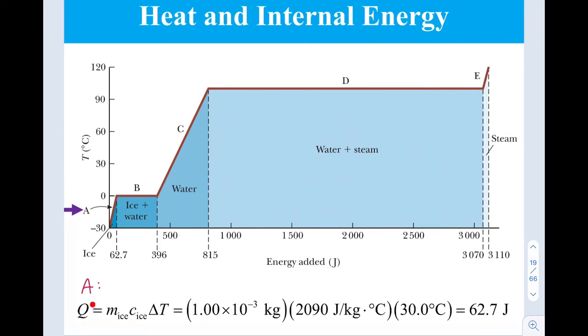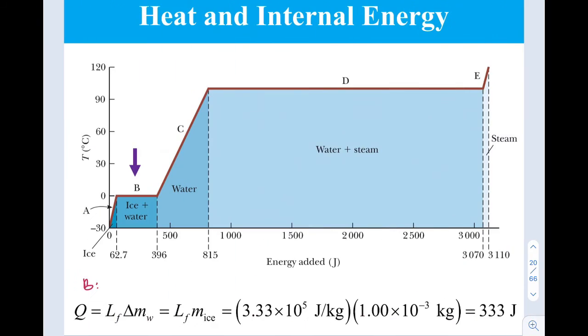So the Q needed for process A is mc delta T. So the amount of it is this one. For process B, at 0 degrees Celsius, the process is static at 0 degrees Celsius. There is no increment of temperature. Therefore, here we have a melting process. For process B, Q is mLF. This is the amount of Q transferred into the ice.